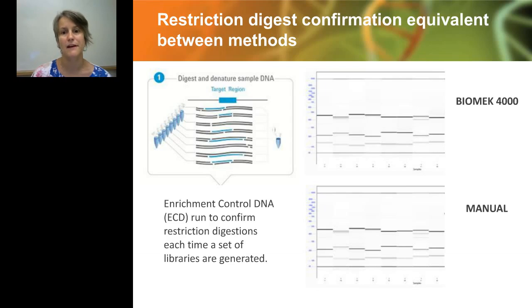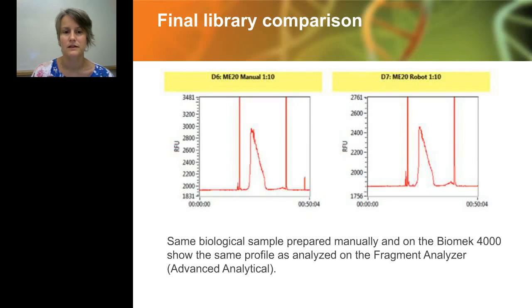And so after that first step, we always run this on the fragment analyzer to just ensure that the libraries that we're going to prepare are going to work. And we run a positive control as well. It's provided in the kit at every batch that we prepare, so that we know that things are working out.